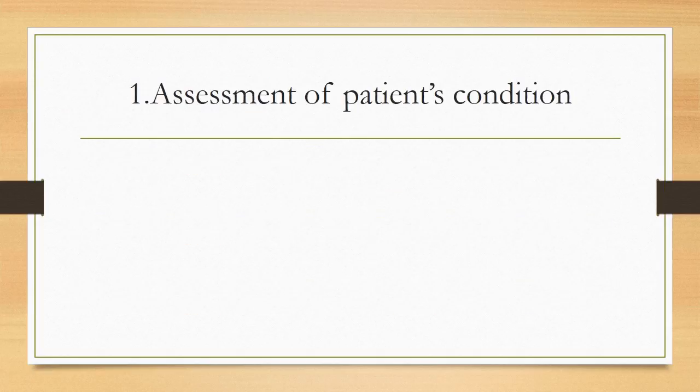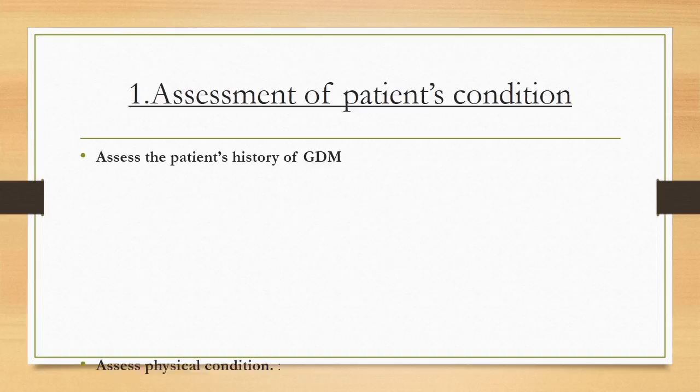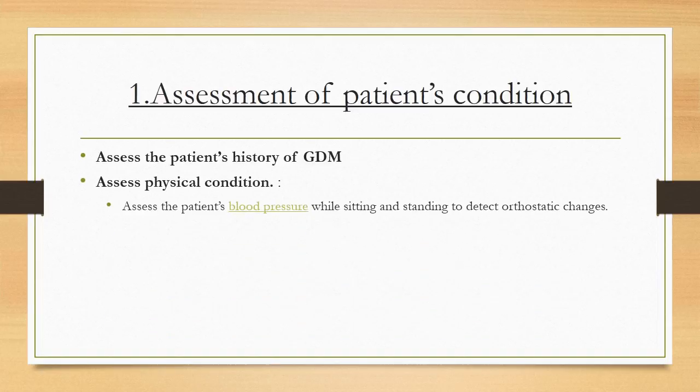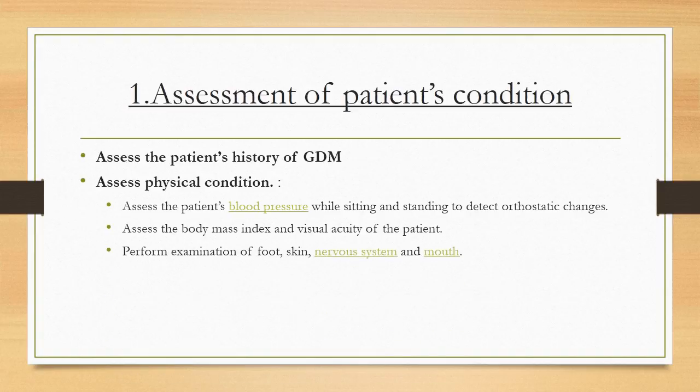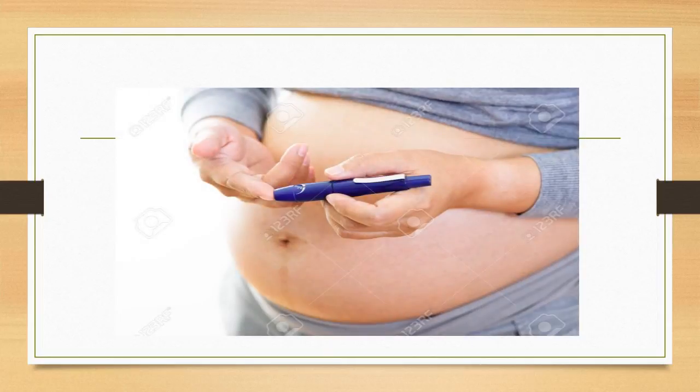Assess physical condition by assessing the patient's blood pressure while sitting and standing to detect orthostatic changes, the body mass index and visual acuity of the patient, and performing examination of foot, skin, nervous system and mouth to detect any abnormalities such as edema. We should ensure that the laboratory examinations such as the HbA1c, fasting glucose, microalbuminuria test, serum creatinine level, urinalysis, and ECG must be requested and performed.